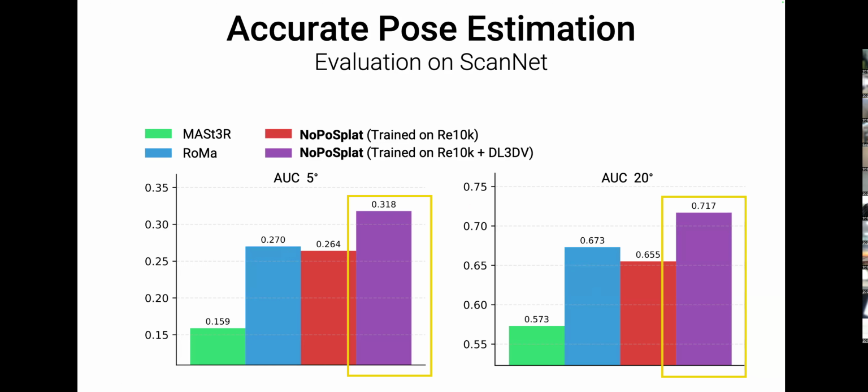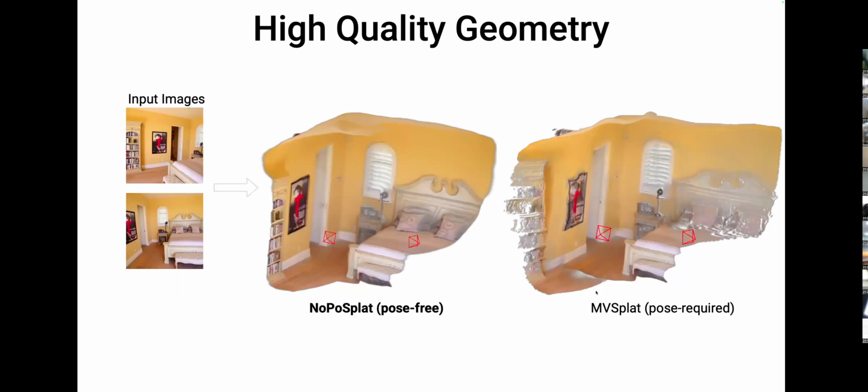It's very surprising. Another thing, NoPoSplat also offers better geometry quality in the reconstructed Gaussians, as you can see here. That's the reconstructed Gaussian. This is NoPoSplat's baseline MVSplat, which even requires camera poses. And if you look here, we can preserve the geometry much better.